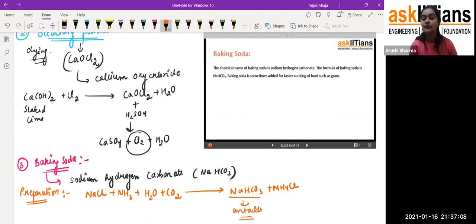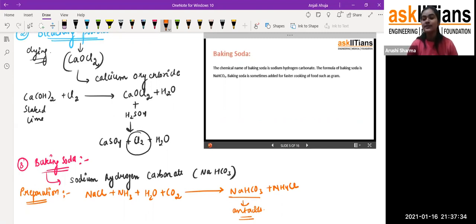If you remember, antacids are the medicines which we take to neutralize the acidity in our body. Not exactly that it is the antacid, but we use this NaHCO3 so that we can prepare antacid from it. Fine. So this is one of its uses.